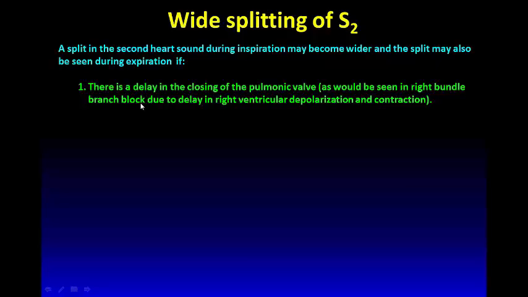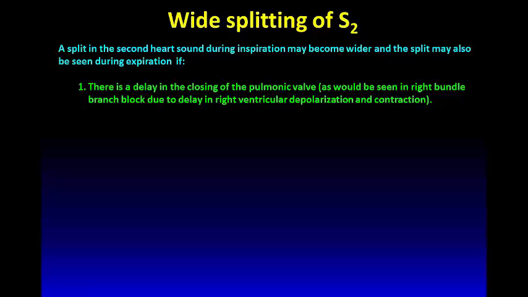So when there is right bundle branch block, the depolarization of the right ventricle will be delayed, and the subsequent contraction which follows depolarization of the right ventricle would also be delayed, and hence it would take even longer time for the pulmonary valve to close.